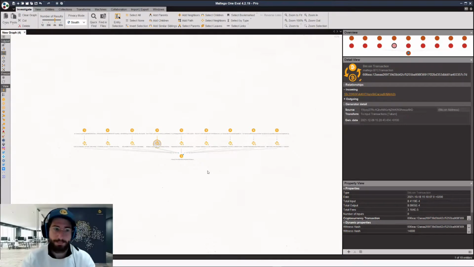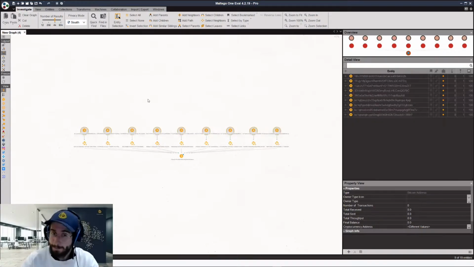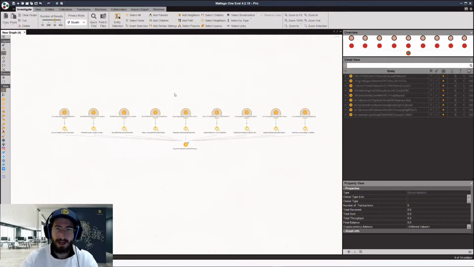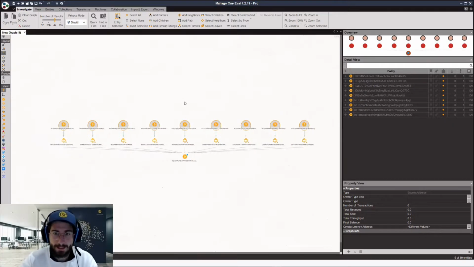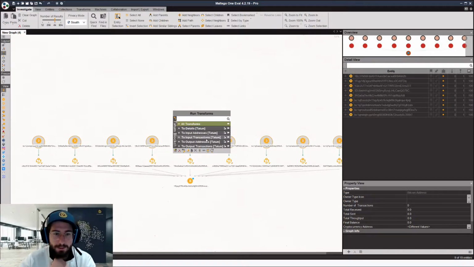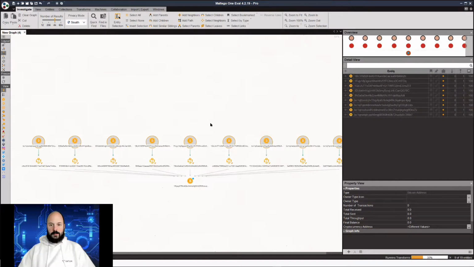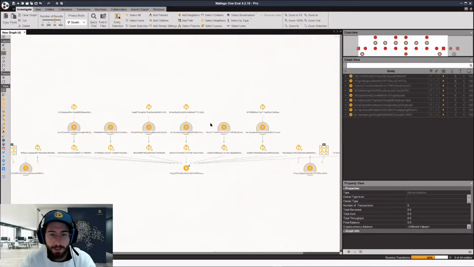So if they are honest, we should see an incoming transaction returning to these addresses at least one day right after. So we're going to do input transactions once again, and see if the money is really coming in, if they're actually getting their return on their investment, and if so, how much.